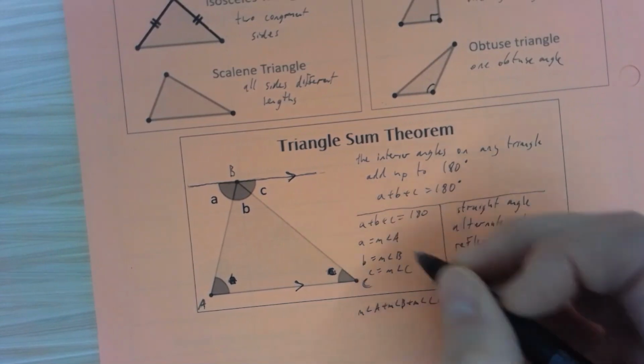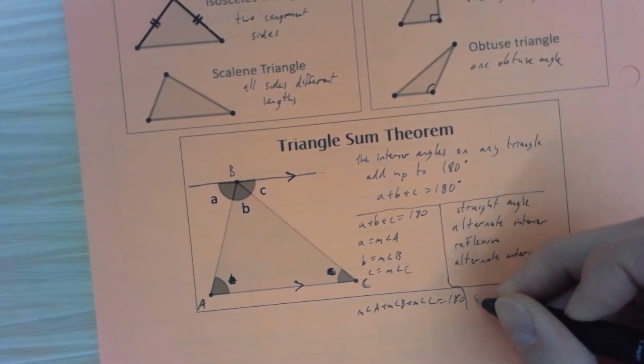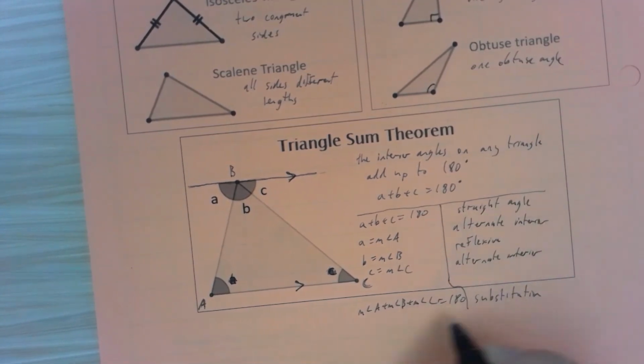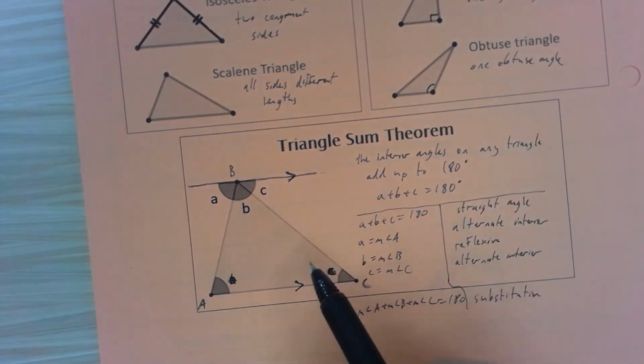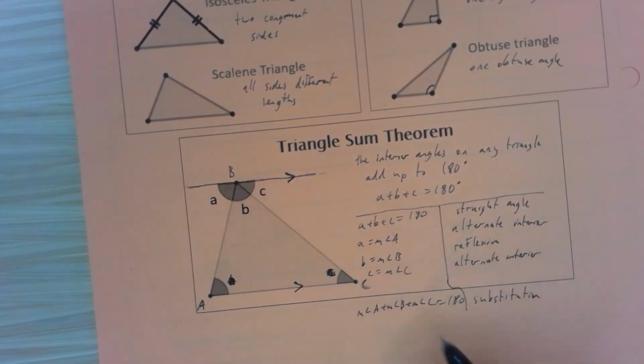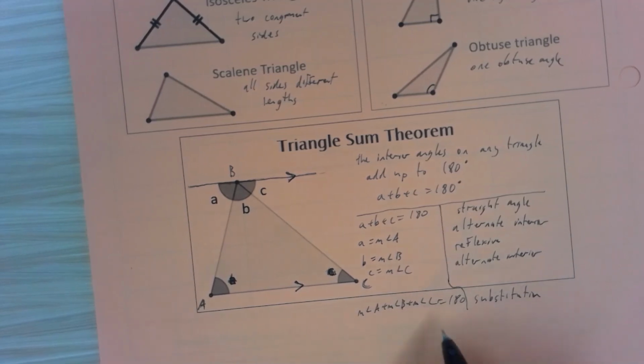We're substituting those values into that original equation. Okay. And so we've shown that, since we did this in general, for any triangle with those labels, that's always true regardless of the triangle. A, B, and C add up to 180 degrees.